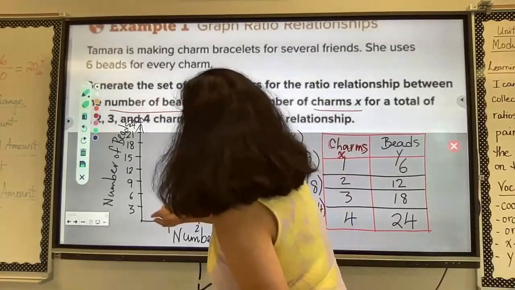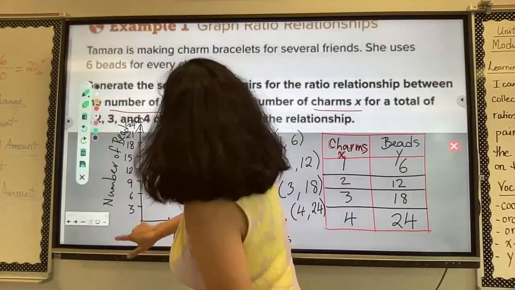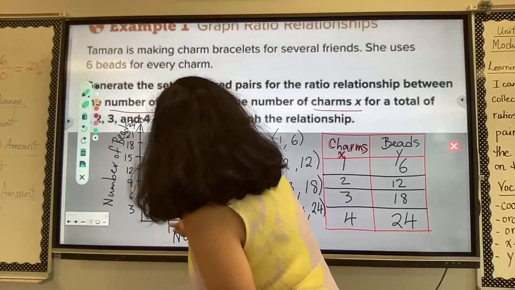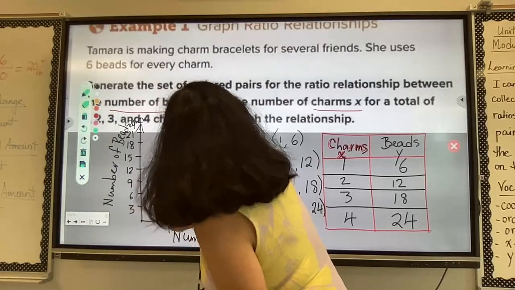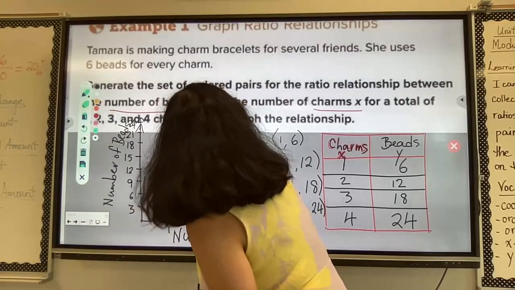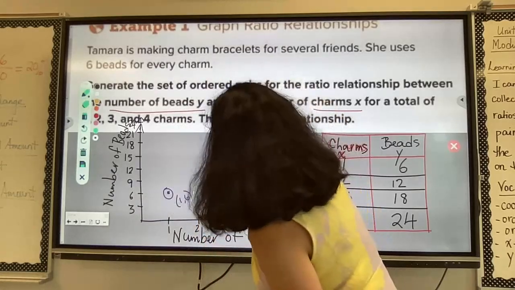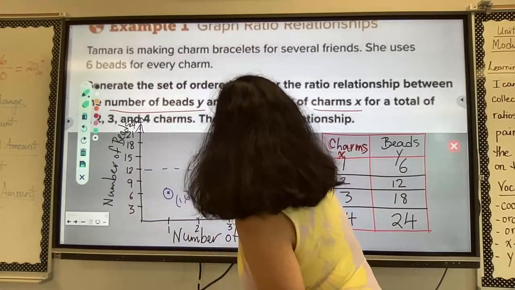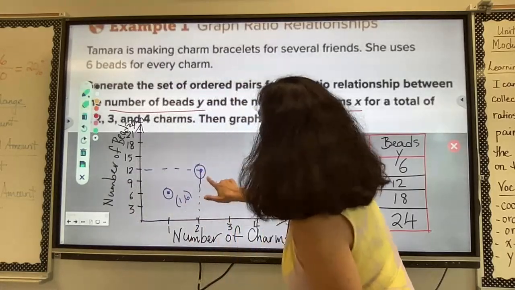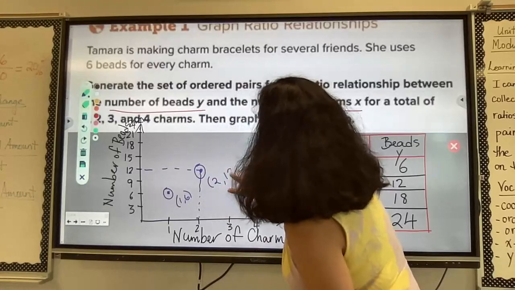So for 1, let me take a different color to plot. I can use this color. For 1, I have 6, which is here. This is 1, 6. For 2, I have 12. So this is my 2 over here, here's my 12. 2 and 12.